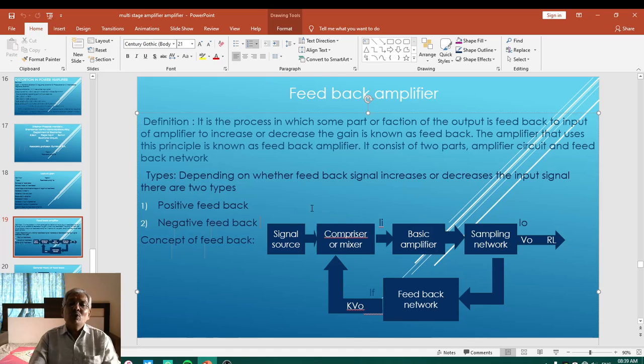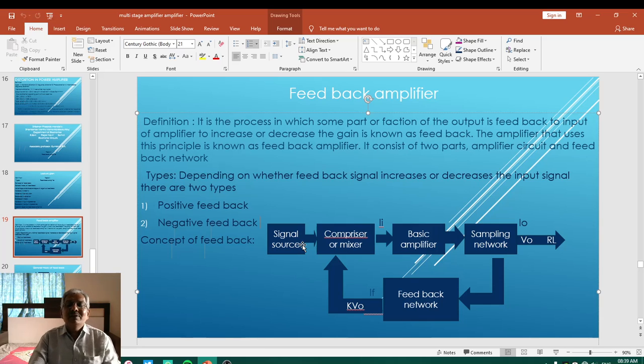Friends, what do you mean by signal source? A signal source may be a voltage source or a current source. If it is a voltage source, then it has its internal series resistance. If it is a current source, then it has an internal parallel resistance.